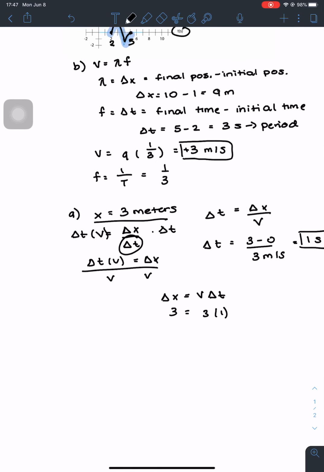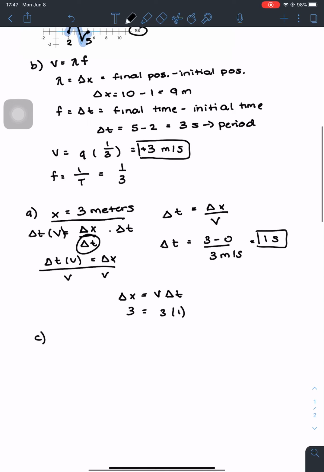And then for part C, it's asking, what is the maximum y velocity of a particle on the string along which the wave pulse is traveling? Now we know the original displacement formula in the y direction is y(x,t) equals A sine(kx minus omega t plus the phase constant).